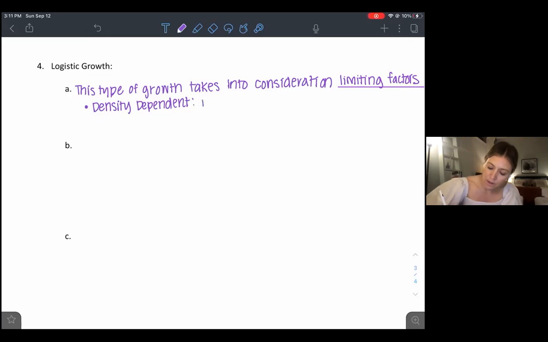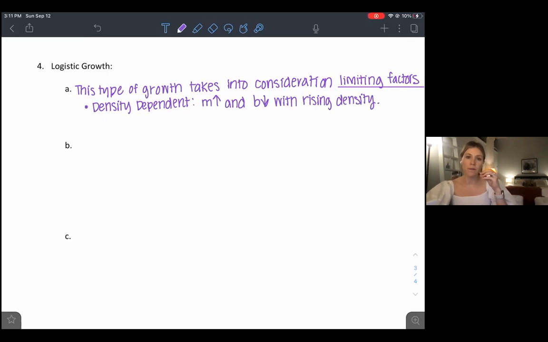So you can think about it as the mortality rate increasing, and maybe even the birth rate decreasing, with rising population density. If you think about things like food, shelter, availability of mates, those are our density dependent limiting factors.